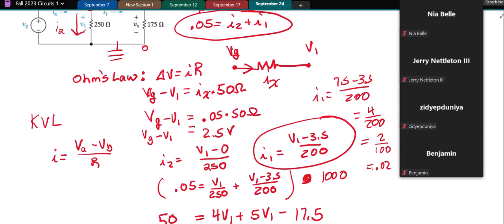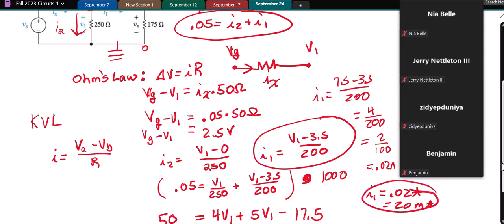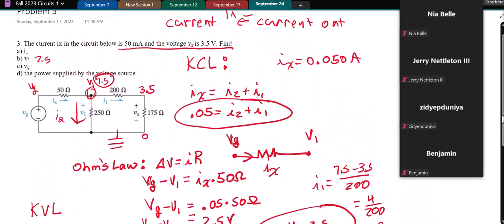So 0.02 amps. So I1 equals 0.02 amps, or you could say 20 milliamps. So that was the second question. So 20 milliamps. Now we need to find VG.